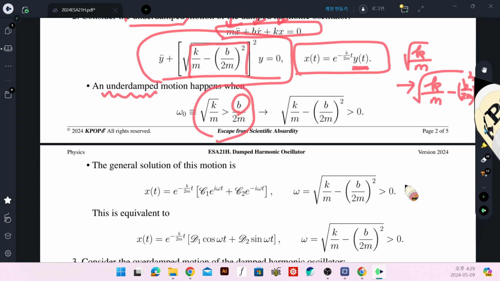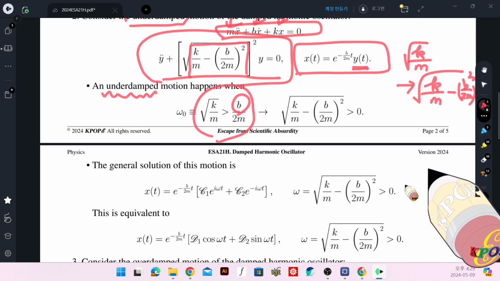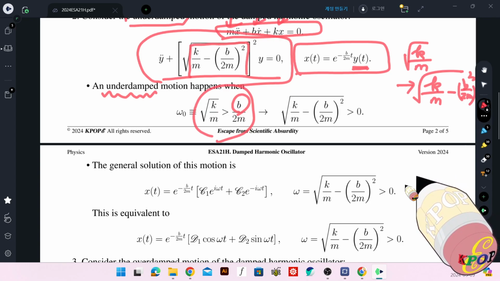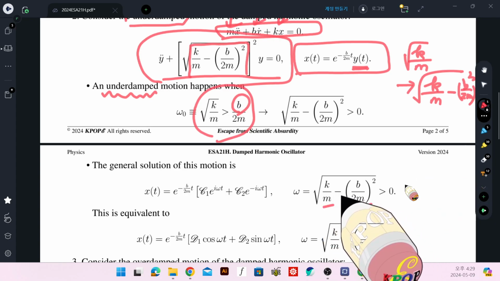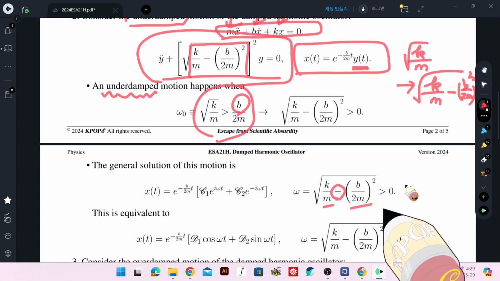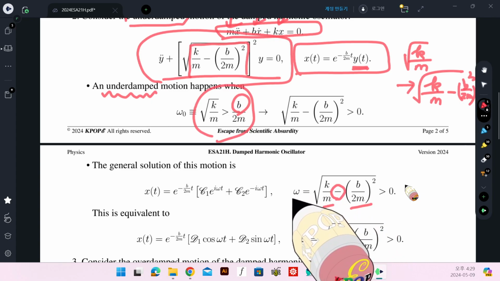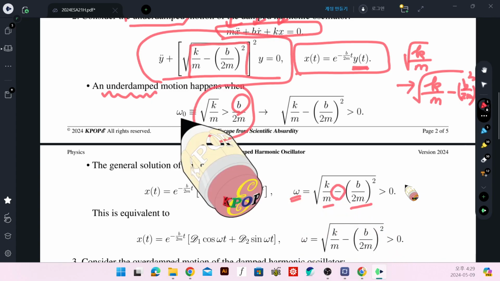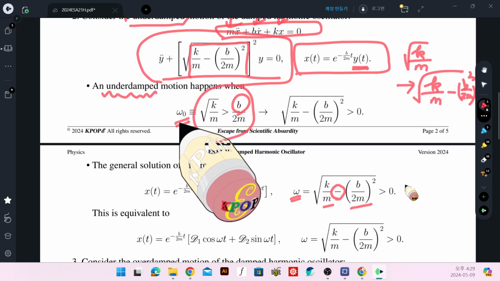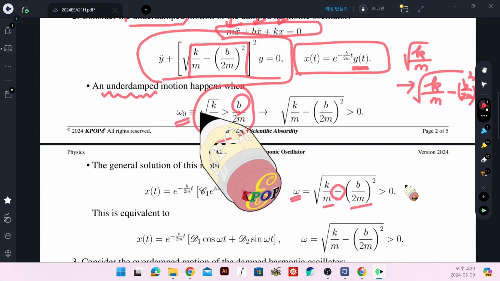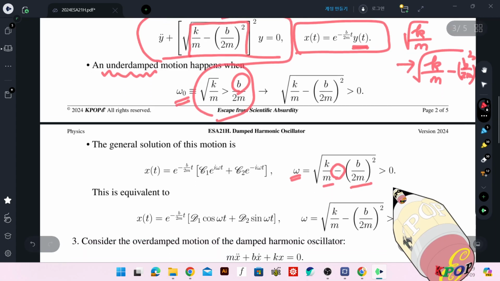So it is not the characteristic angular frequency of the corresponding simple harmonic oscillator, but a slightly modified one. Because of this subtraction, the frequency of the oscillation, omega, is slightly smaller than the typical angular frequency for the corresponding simple harmonic oscillator.